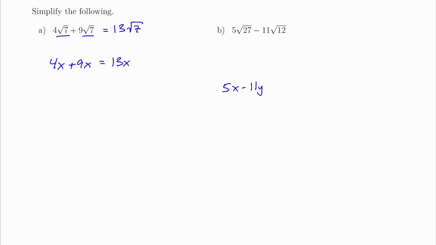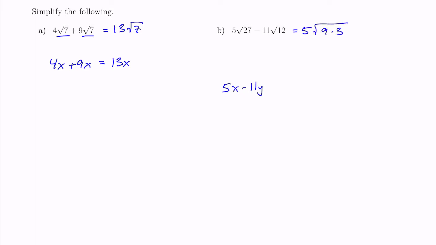So looking just at 5 root 27, specifically the root 27, we'll recognize that 27 is the same thing as 9 times 3, 9 being a perfect square. And so we can rewrite 5 root 27 as 5 times the square root of 9 times 3.